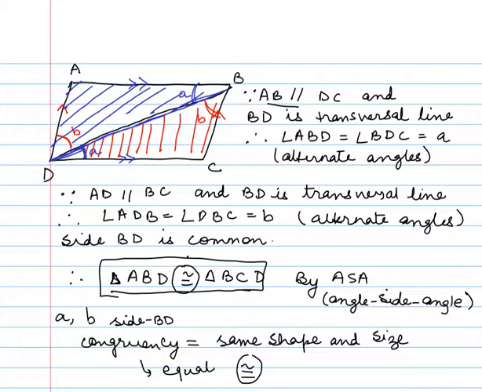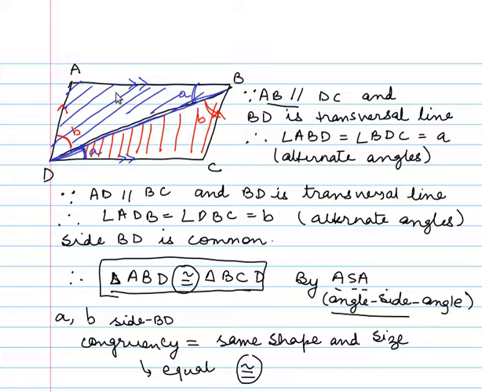So, by which property are they congruent? By angle side angle. They are congruent by angle side angle because we have two angles and a side equal. Side included by those angles is equal. Therefore, these two triangles are equal.